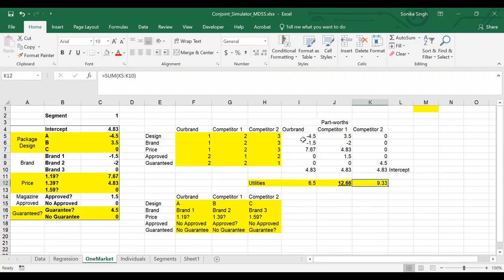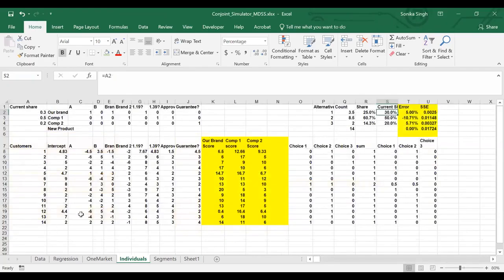So this is how you can use the part worths to understand which of the options gives you a higher utility, for a particular brand level, a particular price level, a particular approved or guaranteed level. This is for the individual that we have tried to understand the different design utilities for.